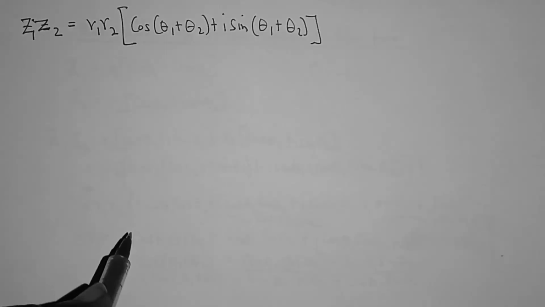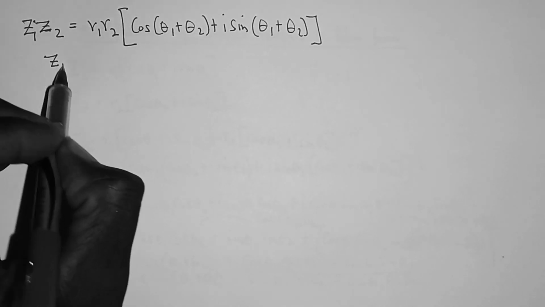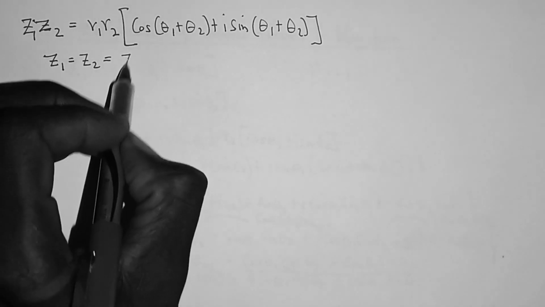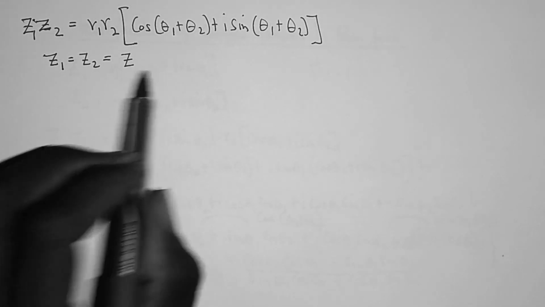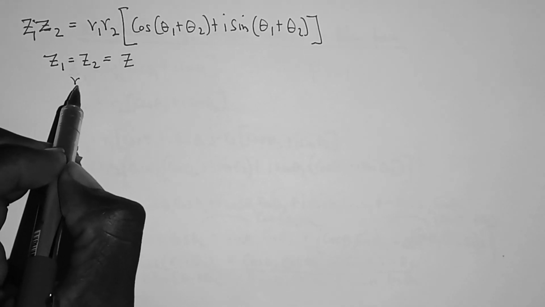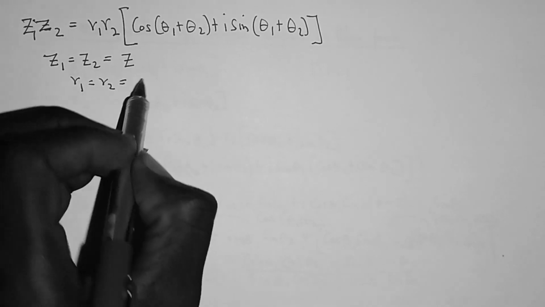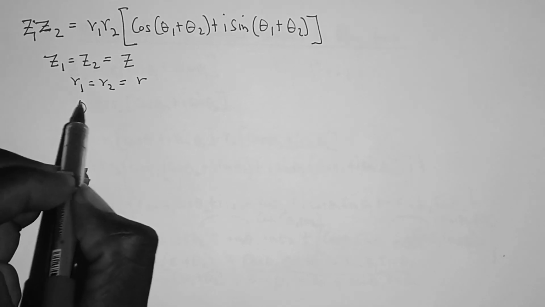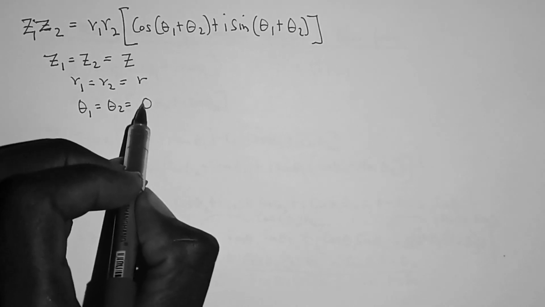Let's assume that Z1 is equal to Z2 and this is equal to Z. So if it happens this case, it means that R1 is equal to R2, which is equal to R, and also theta 1 is equal to theta 2, which is equal to theta.